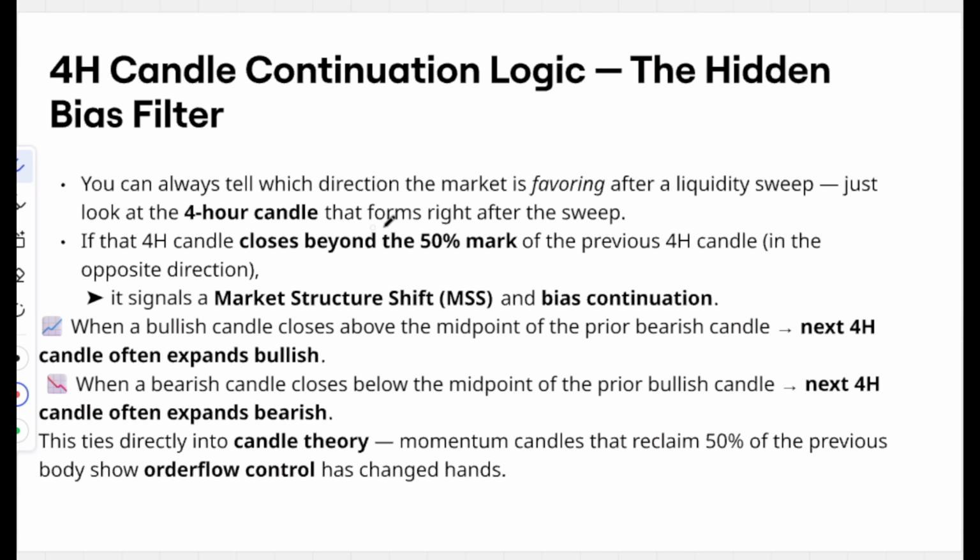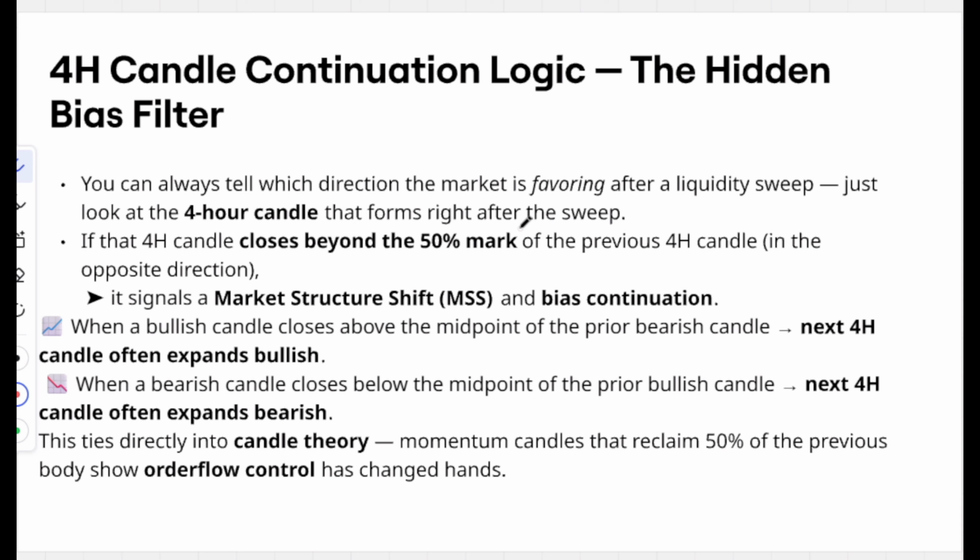If you look at 4-hour candles, sometimes you might get a sweep, but there's still continuation. There's no reversal of the price. The reason is that the second candle didn't close beyond 50% of the previous 4-hour candle. That is not a strong switch of direction from the previous 4-hour candle.